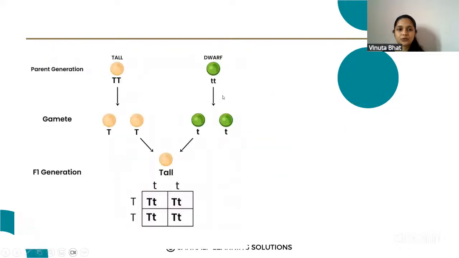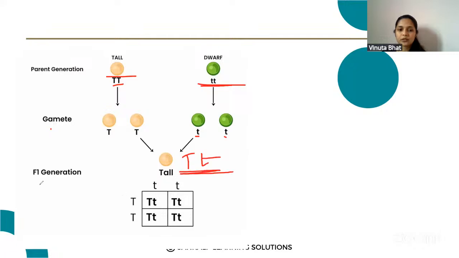Yes, like this you should write. Here tall plant is capital T, dwarf is small t. And gametes are capital T, and here it produces the small t. So all the plants have capital T, small t, that is all were tall.